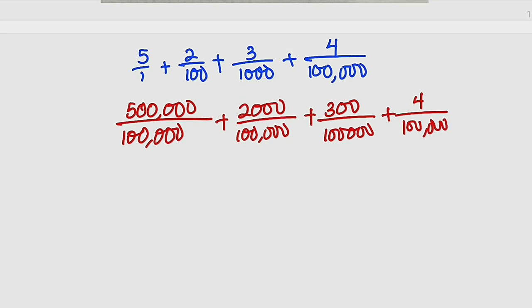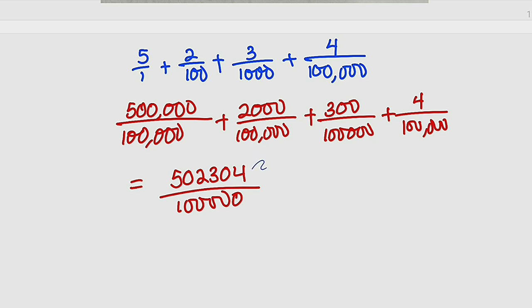All right, now you can see that the denominators are exactly the same. Then you are free to add the numerators. So 500,000 plus 2,000 plus 300 plus 4 will give us 502,304 divided by 100,000. 100,000 contains how many zeros?